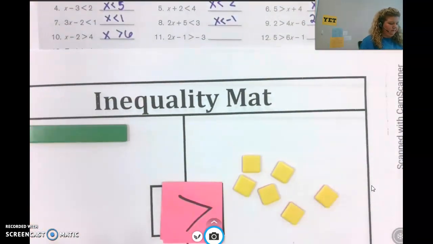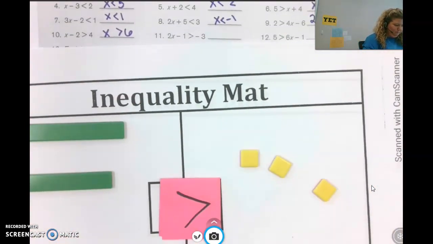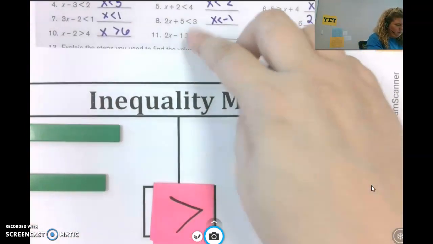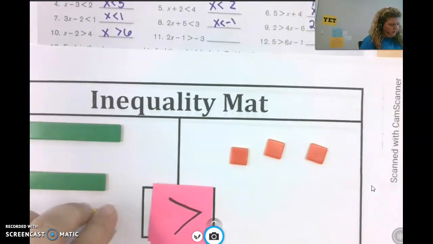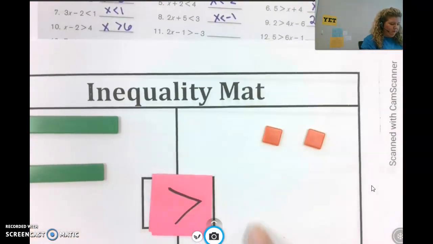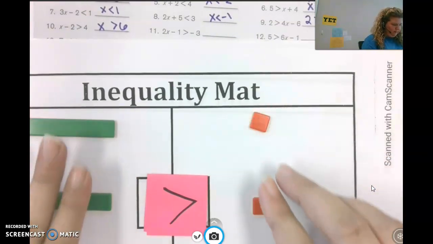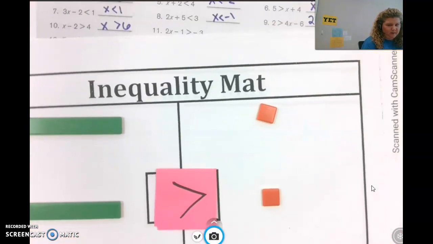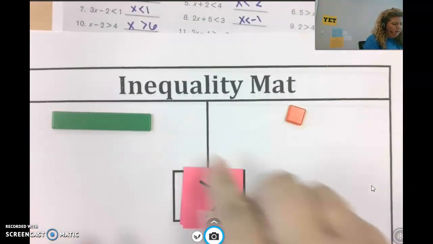Alright, now I have 2 x's minus 1 is greater than -3. Okay, so I can remove a -1 from each side, and then I have 2 x's. I'll divide that into 2 groups, and each x is greater than -1.